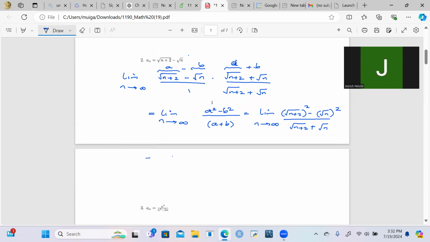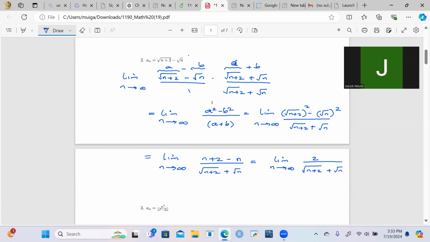Square root of n plus 2 squared is n plus 2, minus square root of n squared is n, divided by square root of n plus 2 plus square root of n. Continuing the simplification, we have the limit as n approaches infinity of 2 in the numerator divided by the root of n plus 2 plus root of n.